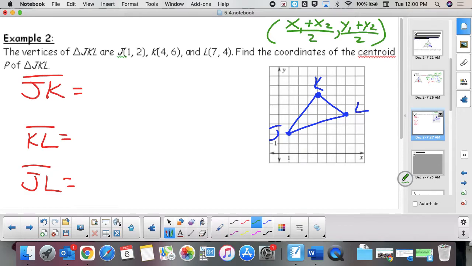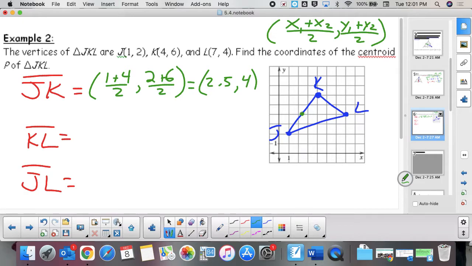So for JK, I add my x's. 1 plus 4 divided by 2. Add my y's. 2 plus 6 divided by 2. We get 2.5, comma 4. So there's my first midpoint. We could do KL.